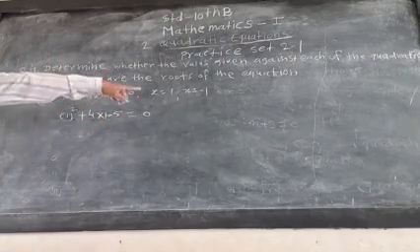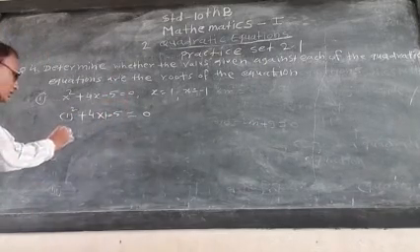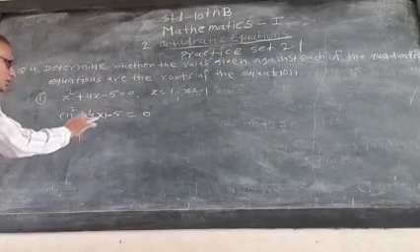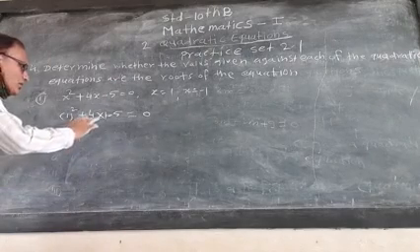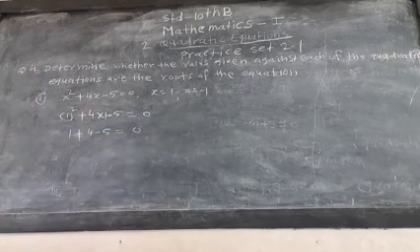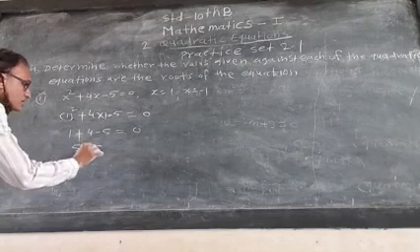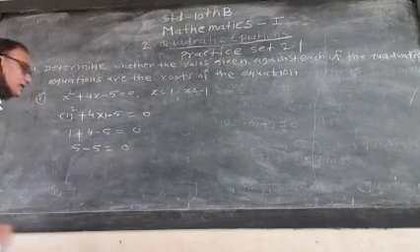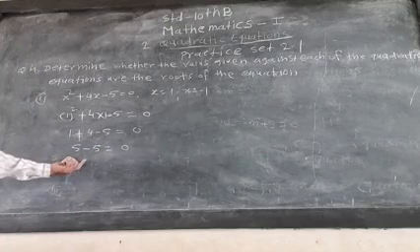Here 1 plus 4 is 5, minus 5 equals 0. The addition of opposite numbers is always 0.